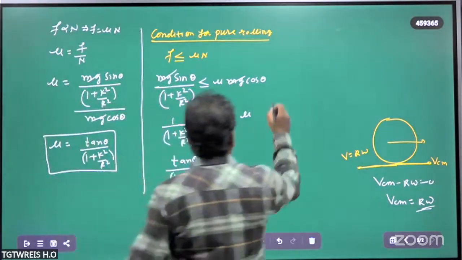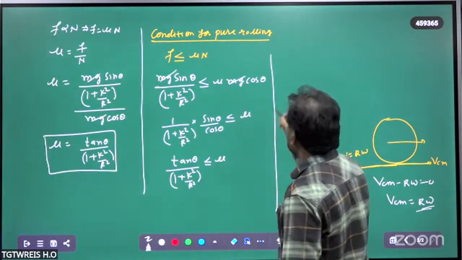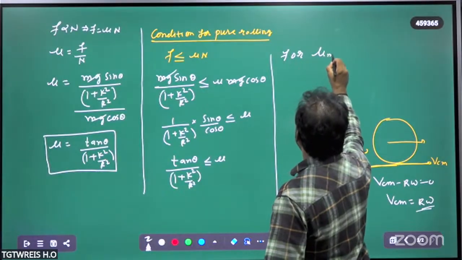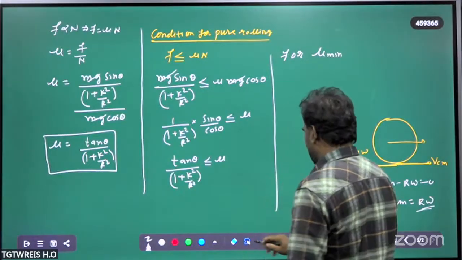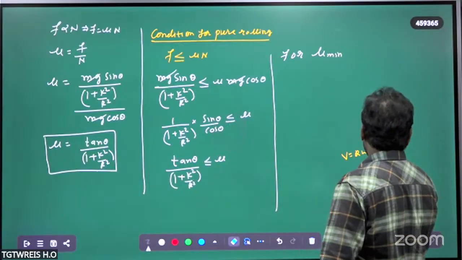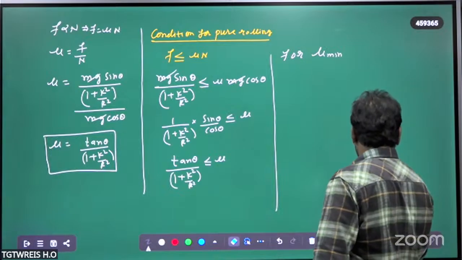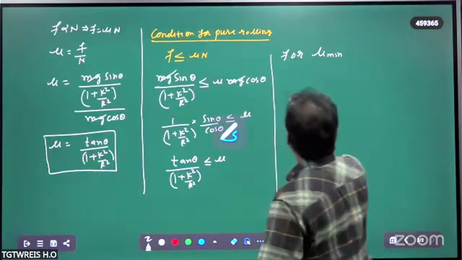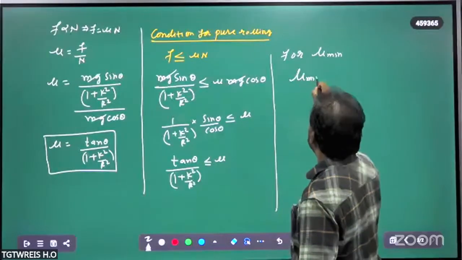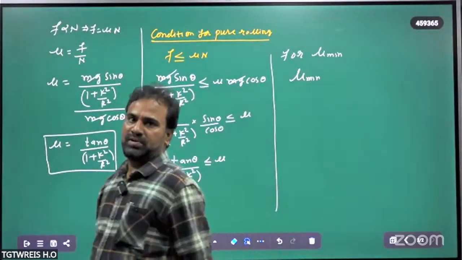For the minimum value of mu, what I am writing, see here. Mu minimum is equal to, what is the value of mu minimum? Tell me.